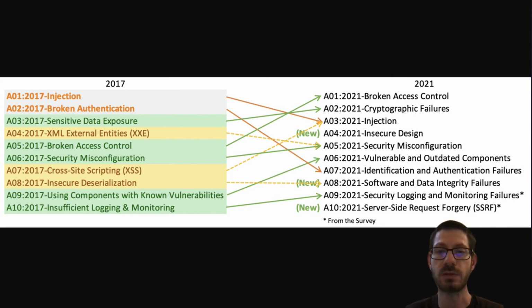So to sum up, there are quite a few changes in this new version, and I'm mostly really glad for those changes. And I'm just unsure about the last category, the new 10th category, server-side request forgery. But I'm pretty excited to see what impact it will have on the application development industry. So we'll see that in the next few years.